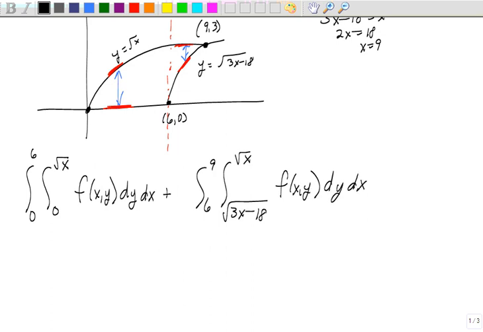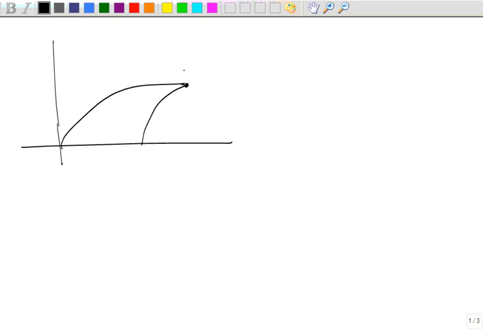Now that would be the same as if I went this way. And this time I would go from 0 to 3. The y value is 3. So here I have y squared plus 18 over 3. That's what x is equal to. And here I have x equal to y squared.